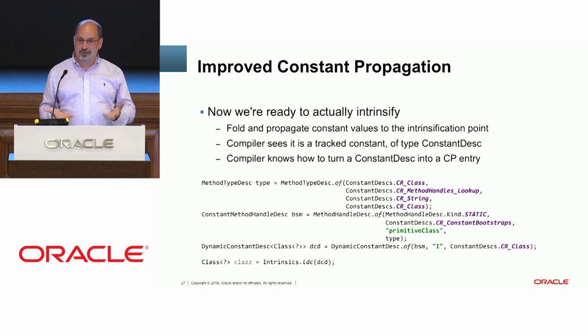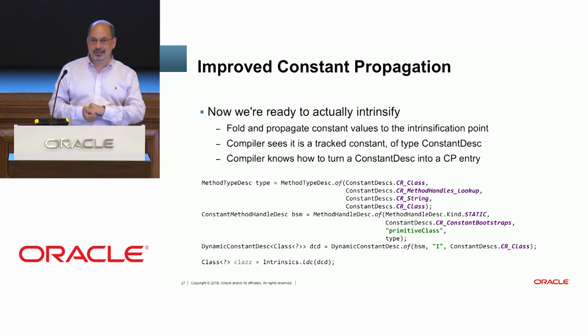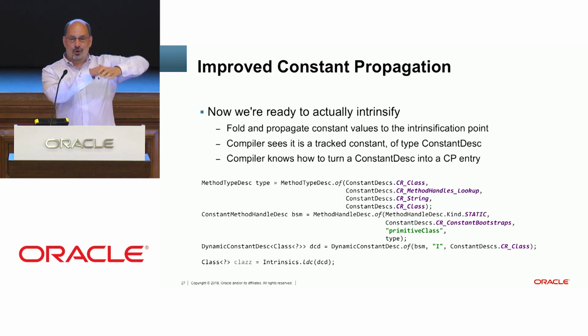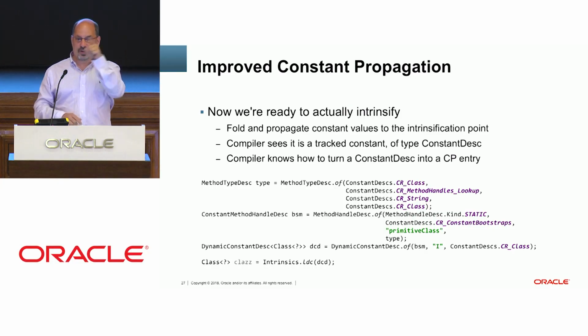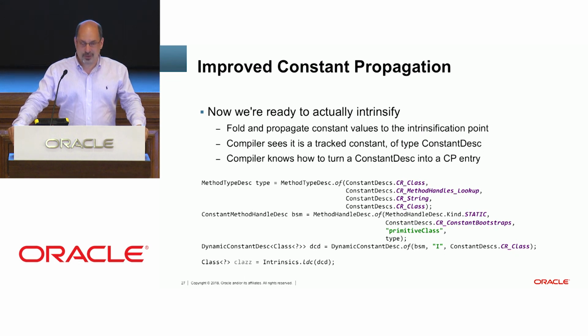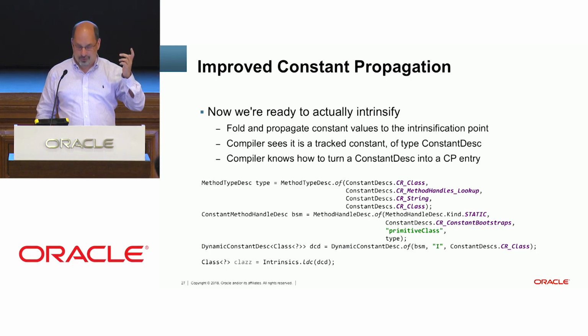And now all it needs to do is take that thing apart, and it knows how to do that because I had that slide about 10 slides back where I said, here are all the subtypes we know, here are all the constant pool forms, look, a nice one-to-one mapping. That's about half a page of code for a compiler to intrinsify that, and the compiler can generate an appropriate constant pool entry and emit an LDC that refers to it.